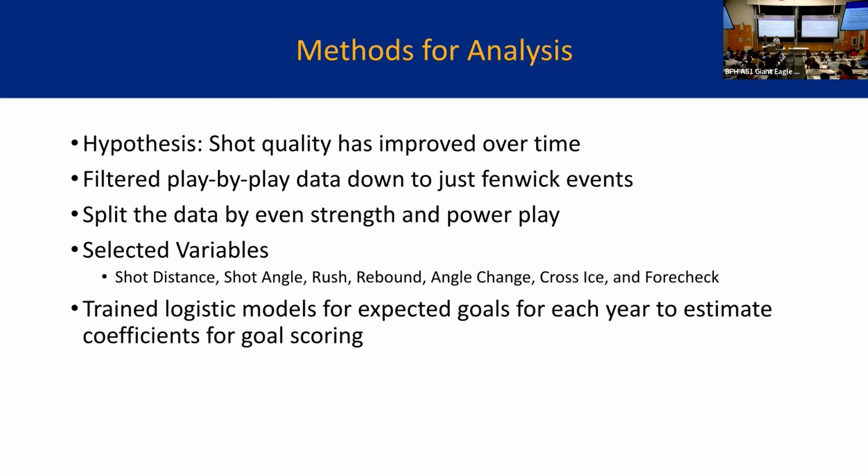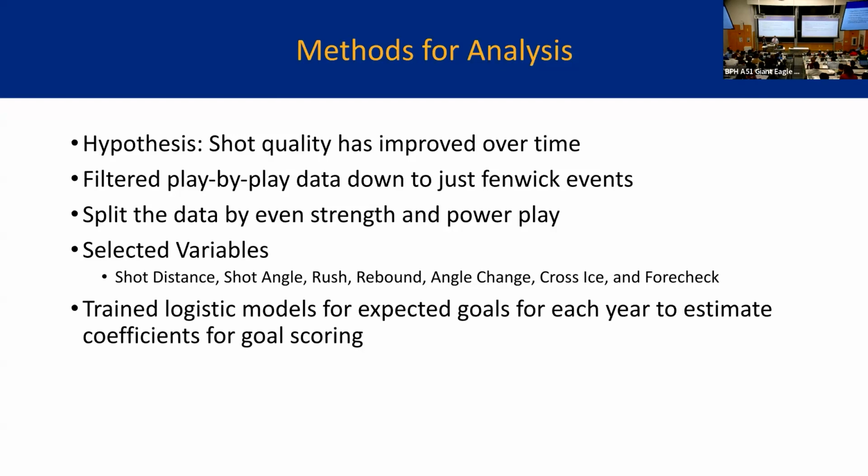The variables we used for this model were shot distance and shot angle, which were provided in the HockeyR data, and then a few descriptor variables that we created, which include rush. Any shot was labeled as rush if the preceding event was in the neutral zone or defensive zone within 4 seconds. A rebound is when the shot was preceded by another shot within 2 seconds.